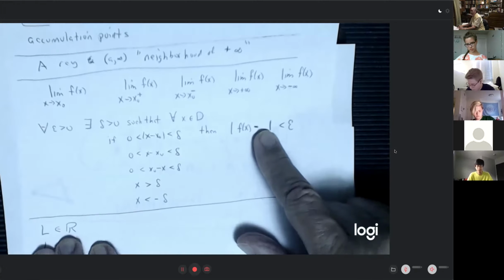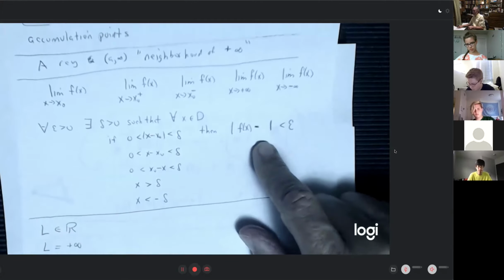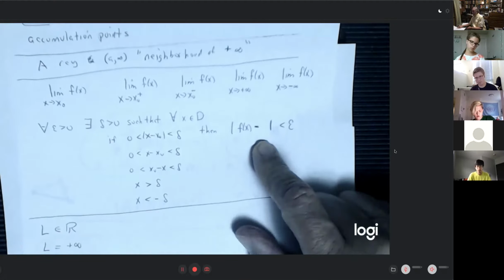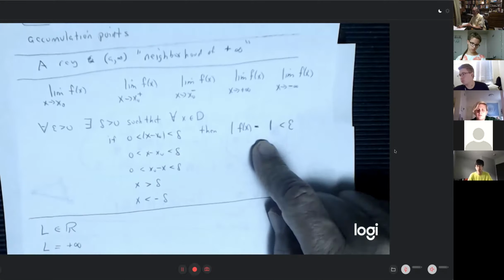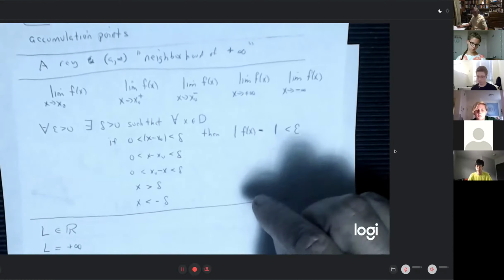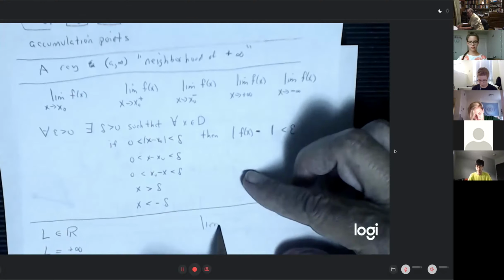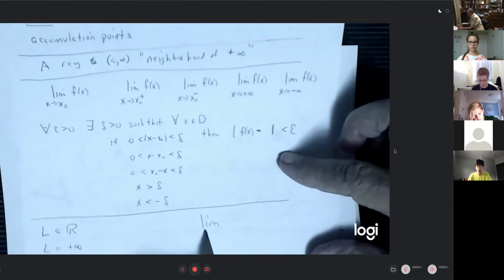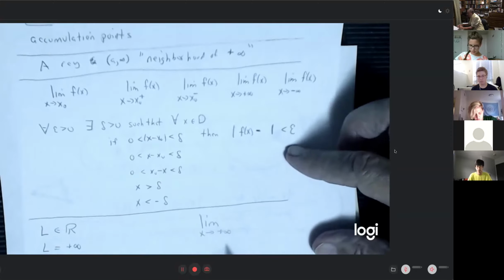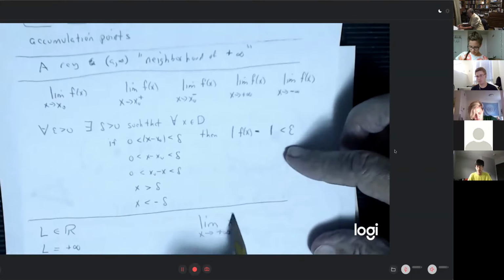If you take a polynomial like f of x equals x squared, what happens as x gets large? As x gets very large, x times x gets even larger. So what we would write in that case is the limit, as x goes to plus infinity, as x gets big, what does x squared do?